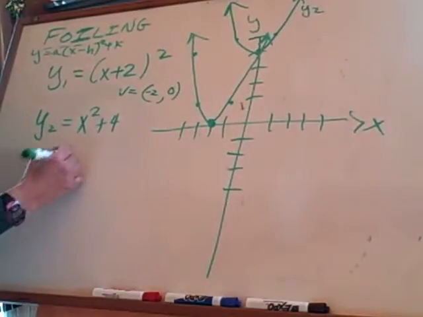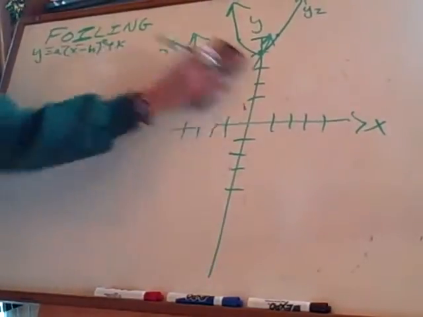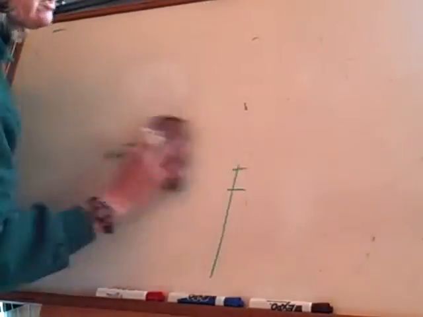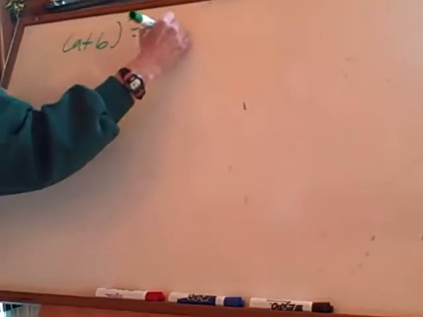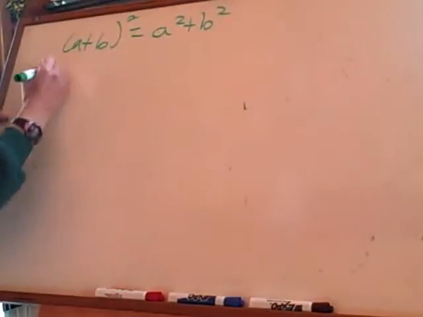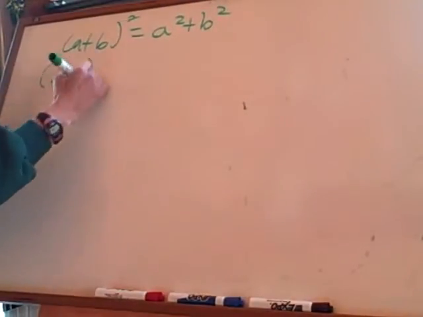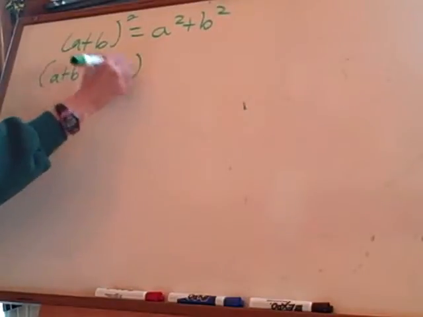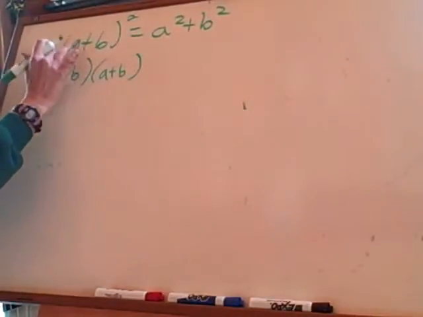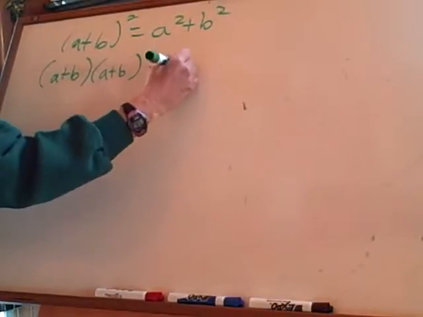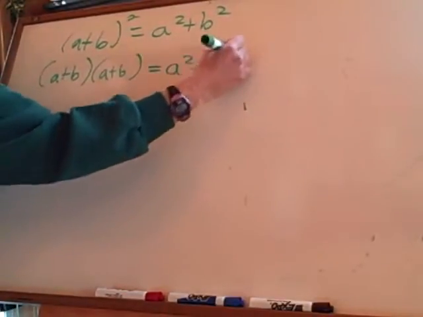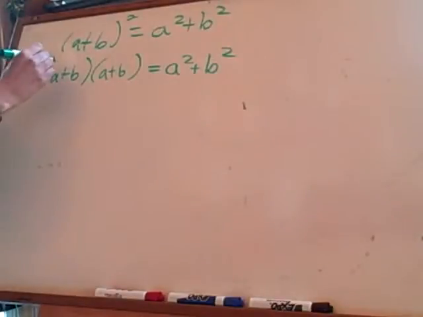All right, let's look at it algebraically real quick. I'll start with a blank slate. (a + b) quantity squared equals a squared plus b squared. We're going to rewrite this as (a + b) times (a + b), because whenever you have a square as an exponent, it means you multiply everything inside that parenthesis by itself that many times. Now we're going to do our FOIL: first, outer, inner, last.